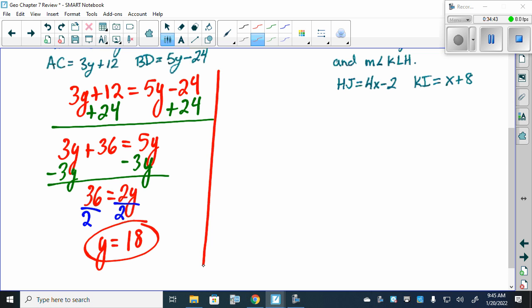Now the last thing we need to do is plug it back in, so we can say 3 times 18 plus 12. Well, 3 times 18 is 54. 54 plus 12 is 66.